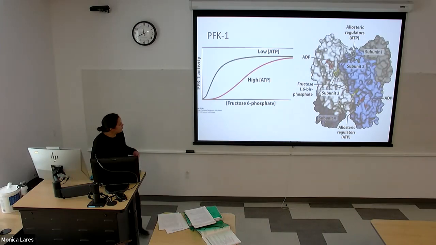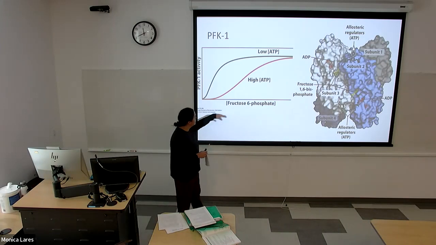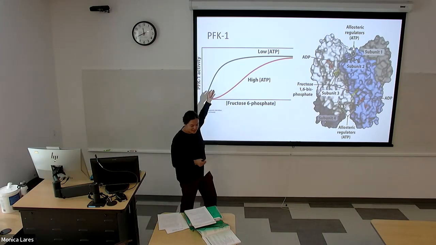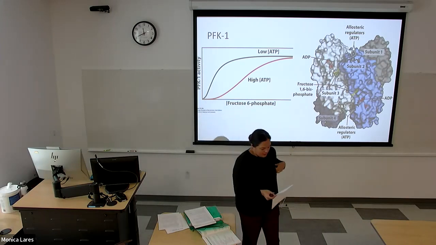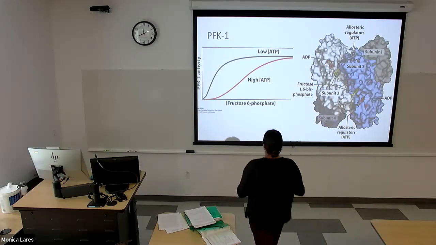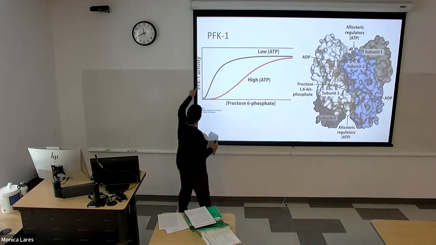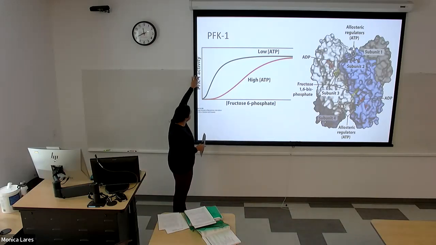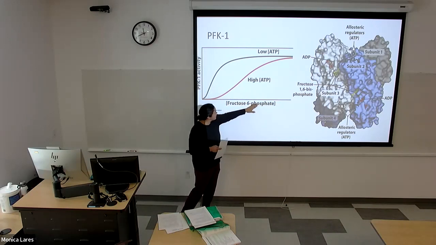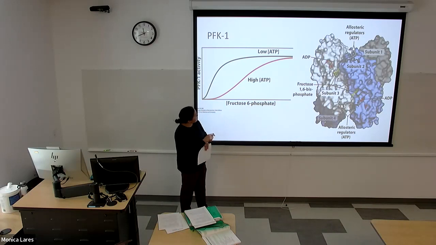So if we look again at substrate concentration versus enzyme activity, now we're looking at a different enzyme, so it looks a little different. We're looking at PFK1, phosphofructokinase 1. That's the enzyme. This is its substrate, fructose 6-phosphate. Low ATP, meaning it's pretty active, has this hyperbolic shape.